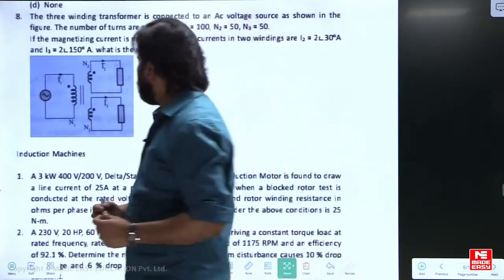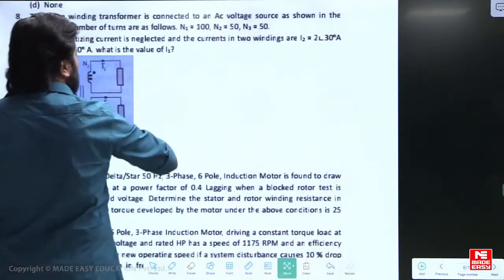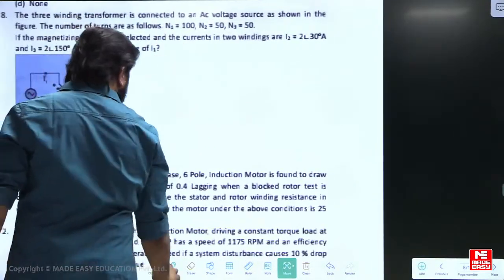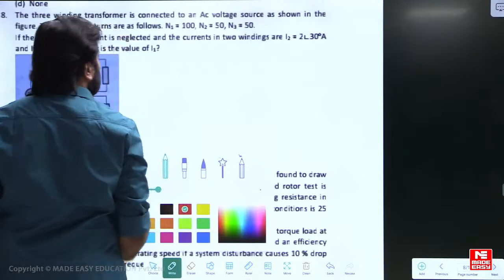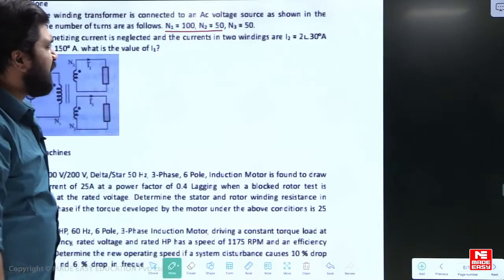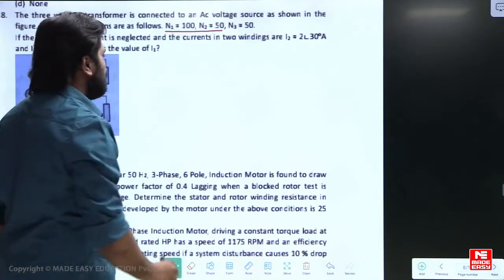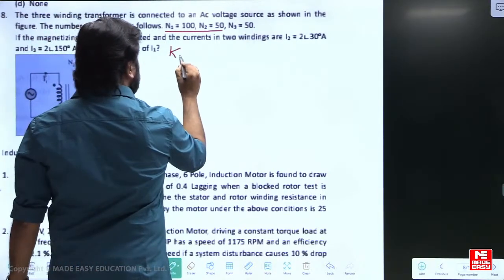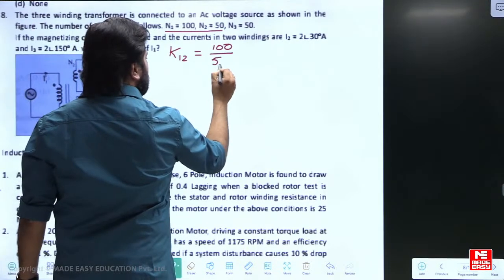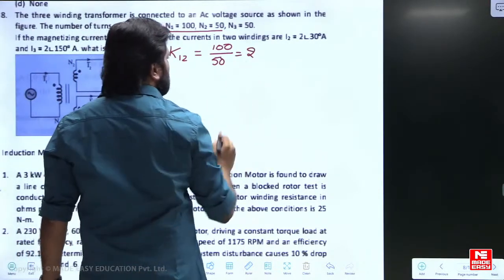For example, in this question it is given N1, N2. 100 turns, 50 turns. So K12, 100 by 50, that is equal to 2.